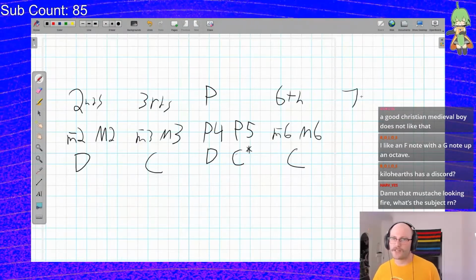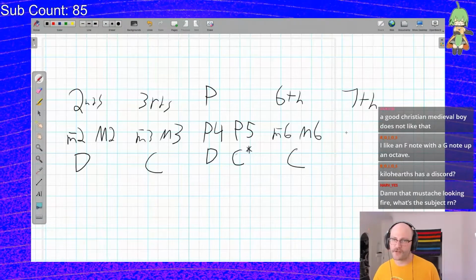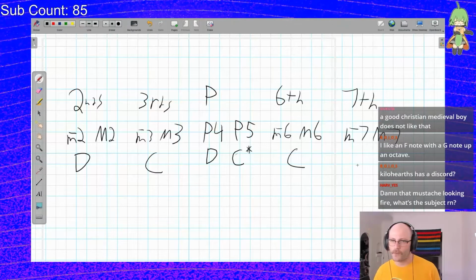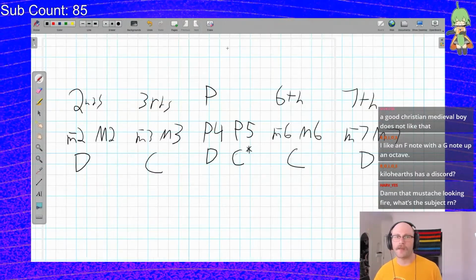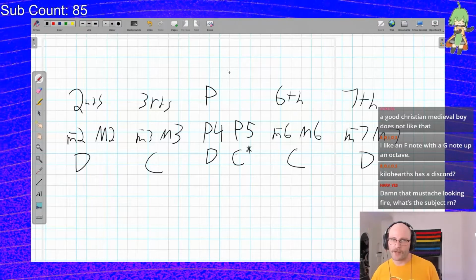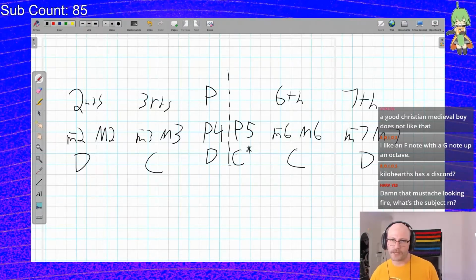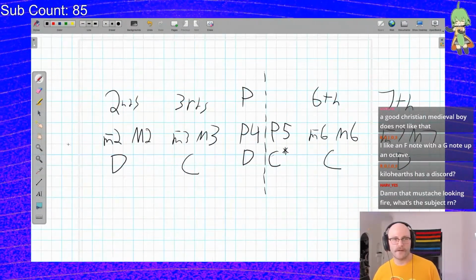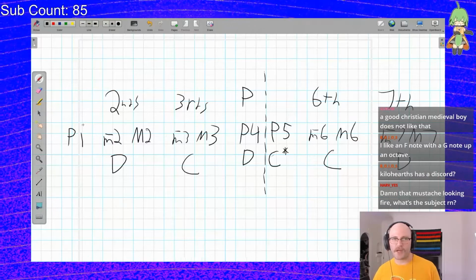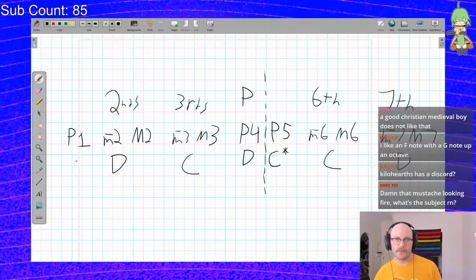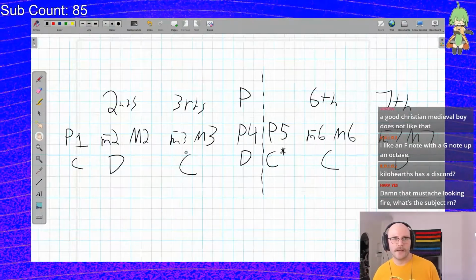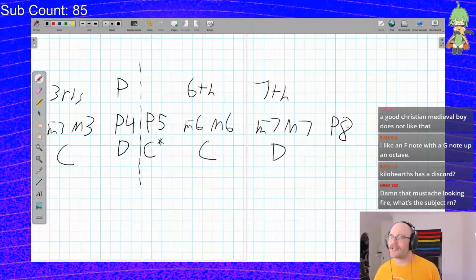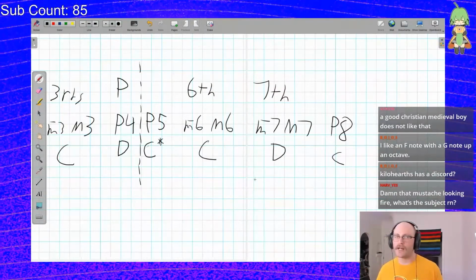And then we have our sevenths, the minor and major sevenths, which are both considered dissonant. Now, I'm going to do something kind of weird. I'm going to draw a dotted line right between the perfect fourth and perfect fifth, because back here we have the P1, a special interval, which is considered consonant. And on the other side, we have the P8, or the perfect octave, which is also consonant.